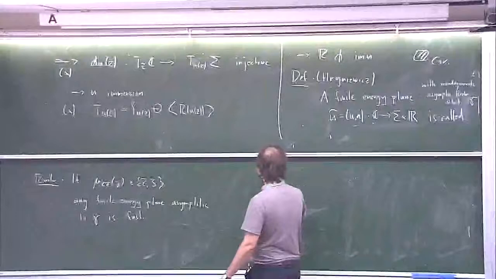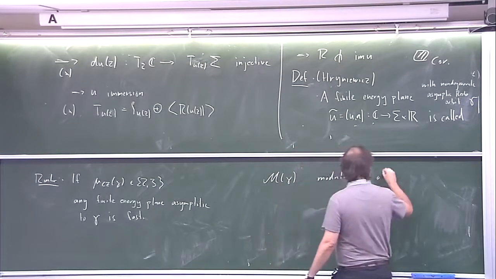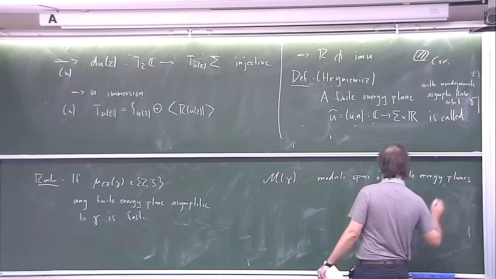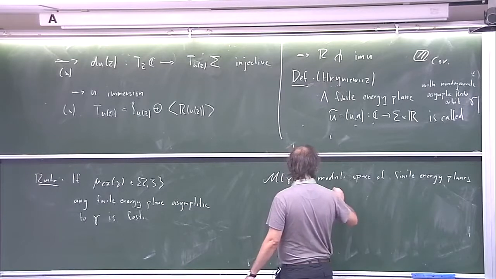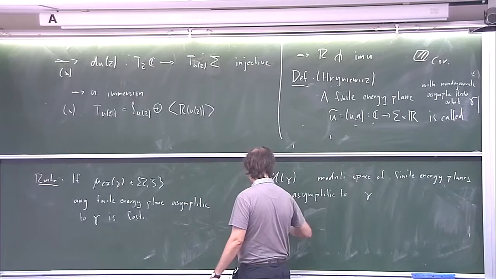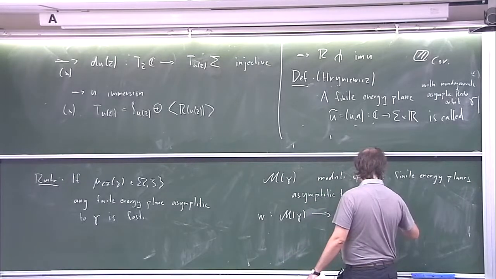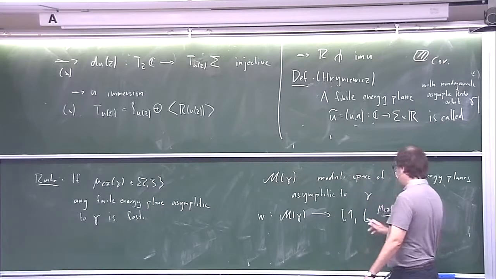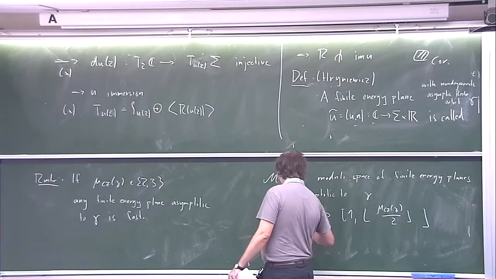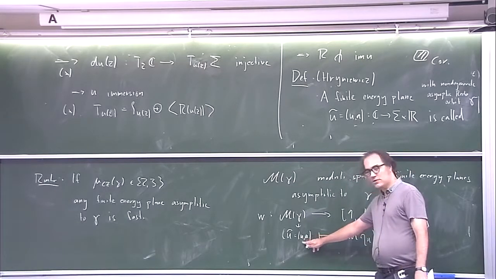So we have mu gamma. This is the moduli space of finite energy planes asymptotic to gamma, and now we have W to the interval 1 to mu Conley-Zehnder over 2, and namely we take here U tilde and map it to, actually maybe I should write eta U. It depends actually just on U, not on the R direction.